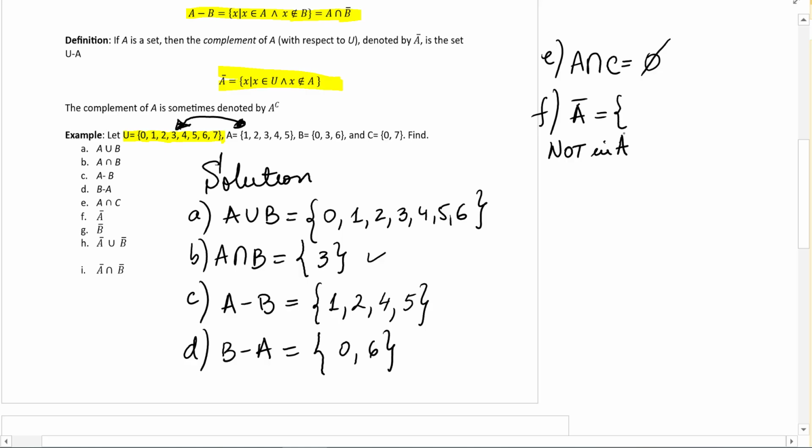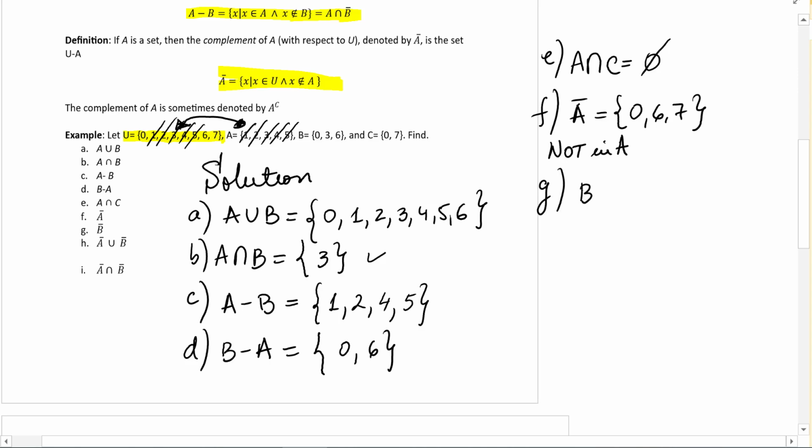Without it, I cannot find the complement. So 1 is in U and in A. 2, it's in both. 3, it's in both. 4, it's in both. 5, it's in both. So what is not in A from the set U? 0, 6, and 7, the ones that we did not cross out.